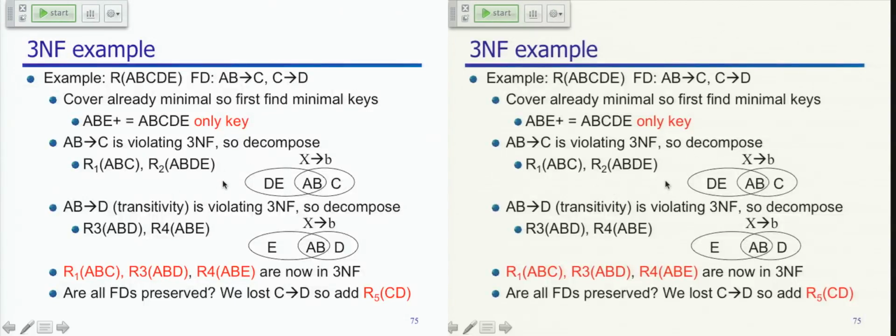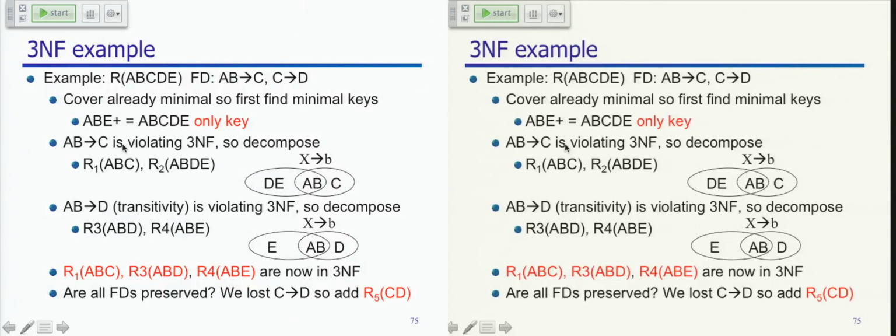If you look at ABDE, I have a functional dependency which says C determines D. Is C a super key for R2? The closure of C is what? CD? It's not a key because I can't get to A and B. So I have to check the second thing.